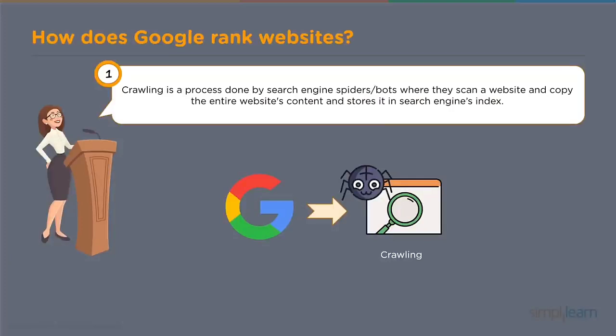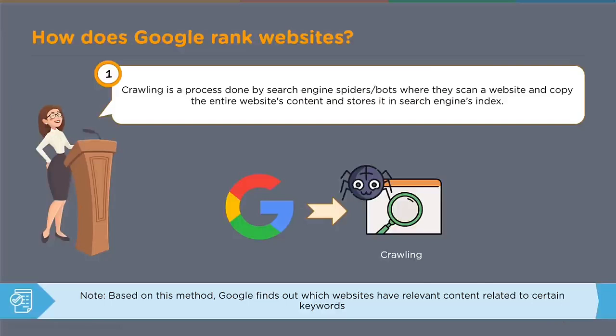And when they can follow all these links on your website, they're able to crawl them. And when they crawl them, they take that content and store it on their servers so it's available in their index. Based on this method, Google finds out which websites have relevant content and which ones don't, based on certain keywords that are typed into Google.